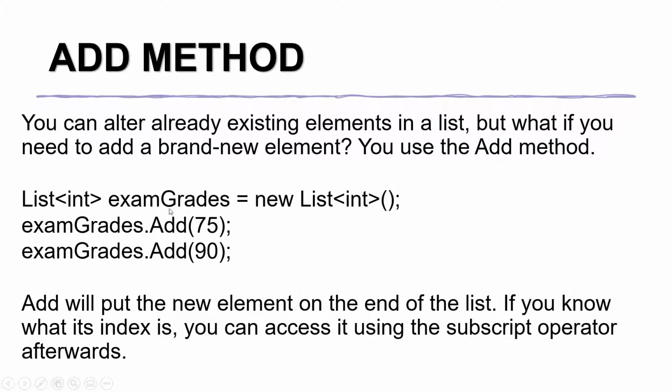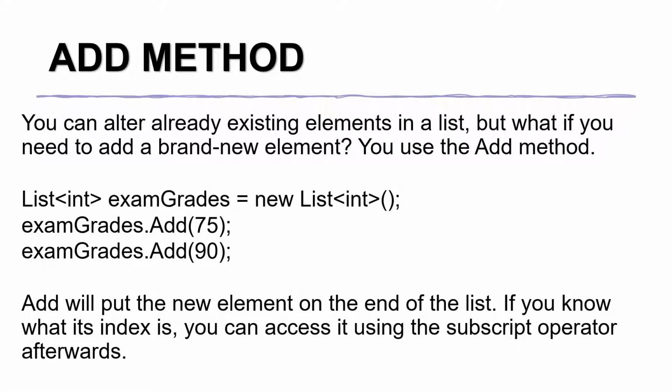We have that exam grades list that we've been showing in this PowerPoint. If we needed to put more grades into there onto the end, we would just write the name of the list and do a dot add. And then inside the parentheses, we put the value that we want stored in that new element. This will put the new element on the end of the list.